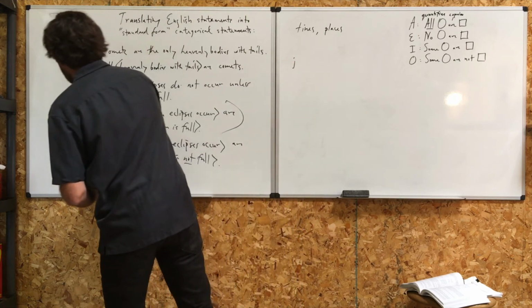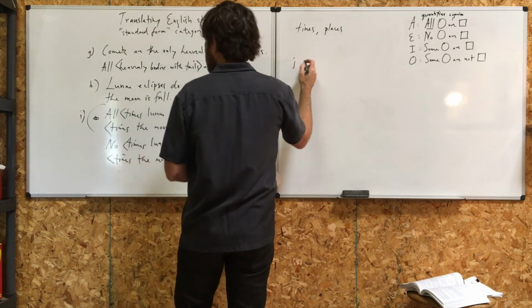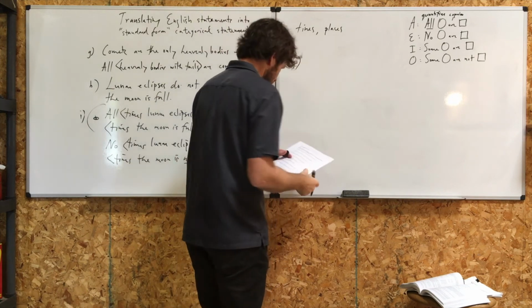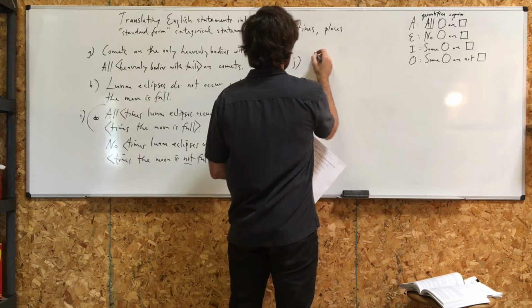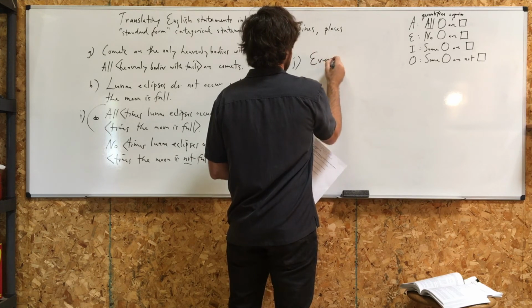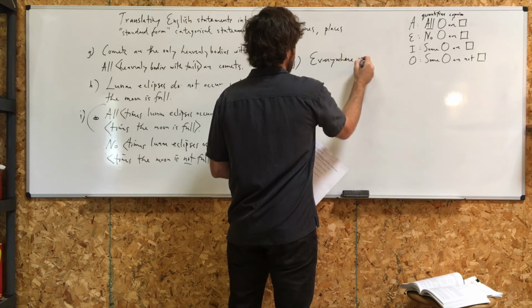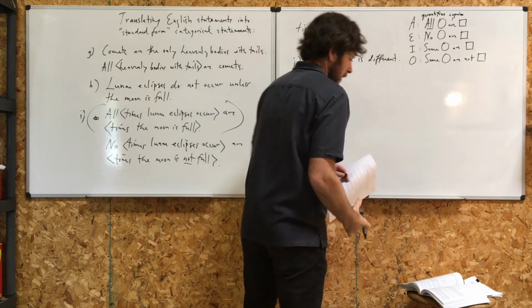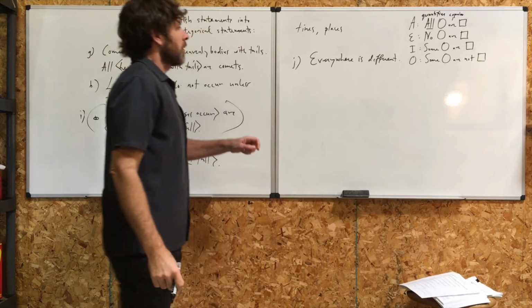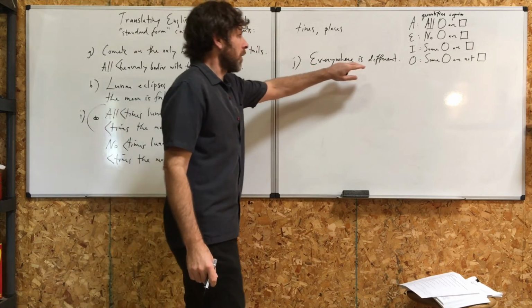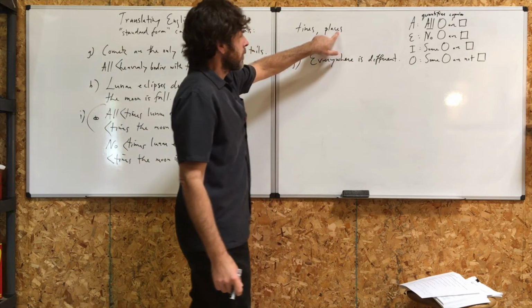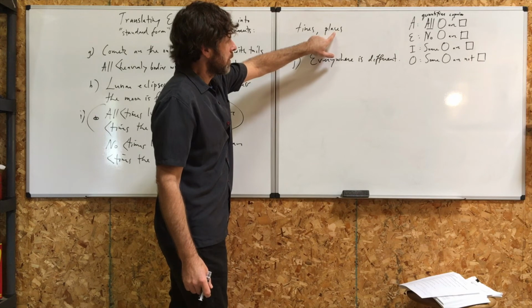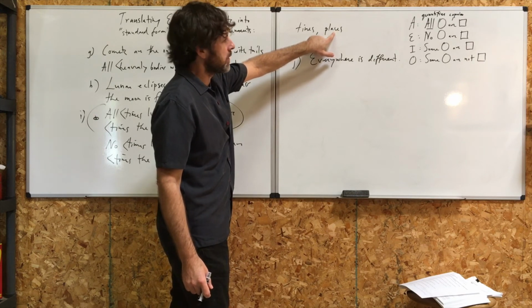Okay, let's look at our final example. That one's I, isn't it? Okay, let's do this one. Everywhere is different. I'm bringing in this one primarily because it quantifies over places.